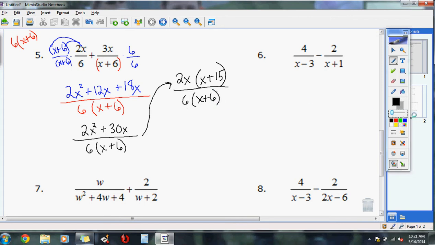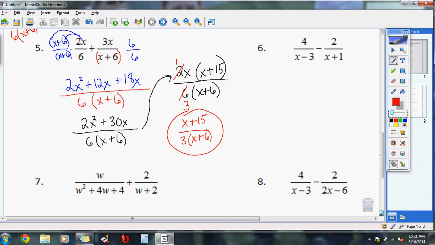And there actually was a purpose in factoring here because the 2 and the 6 are now part of monomials, so they can reduce. 2 goes into 2 one time, 2 goes into 6 3 times. So the final answer to this problem here would be x plus 15 on top, and on the bottom, 3 times x plus 6. That's going to be our final answer there.